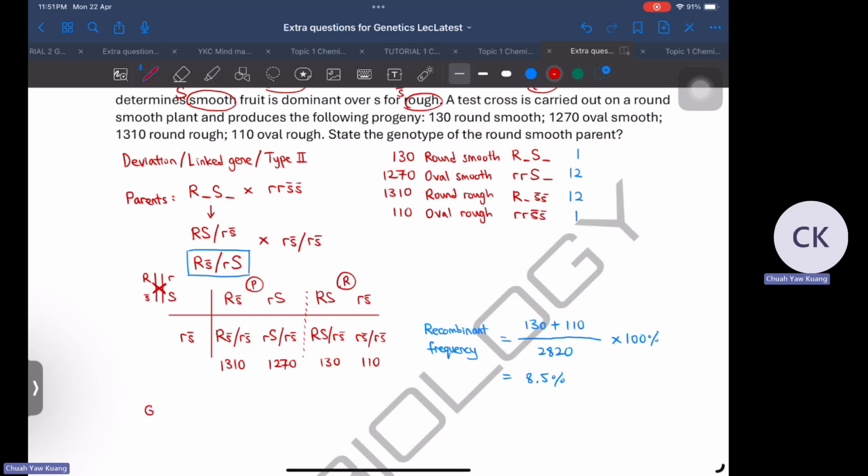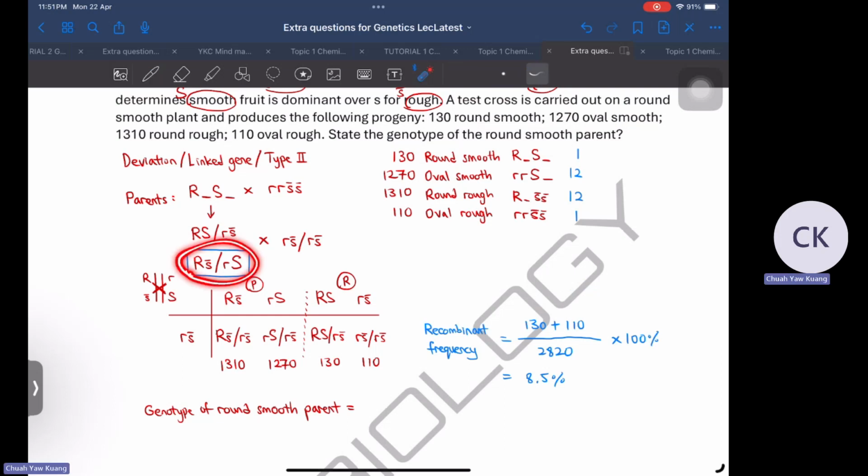So we'll write that down. Genotype of the round smooth parent equals this one.